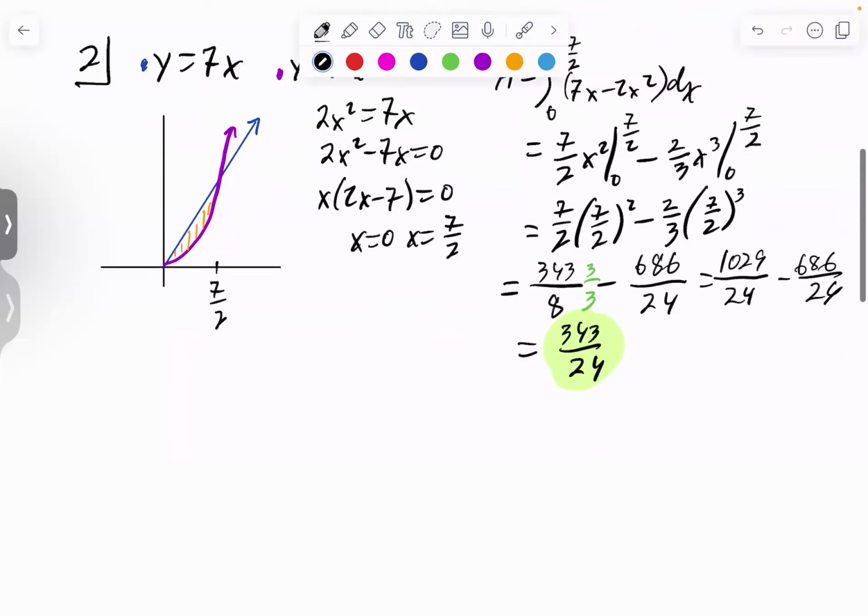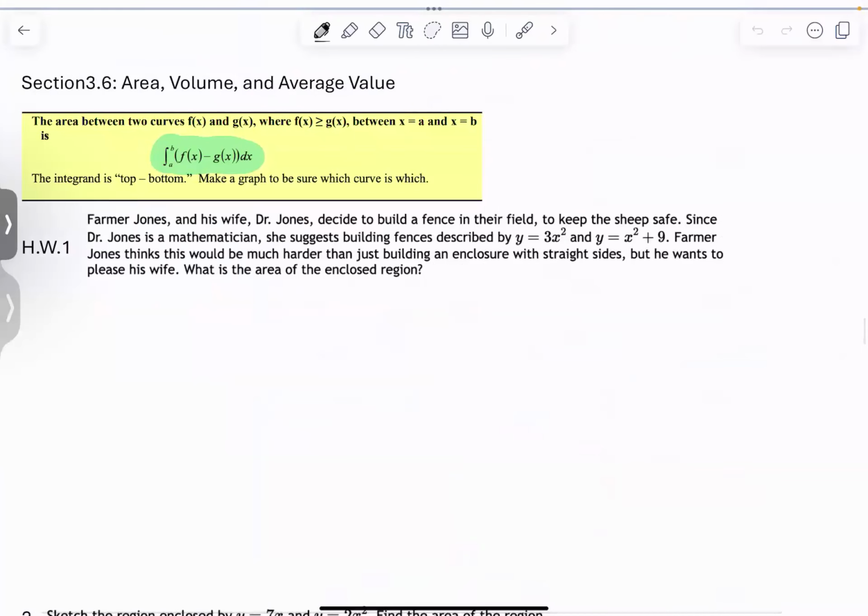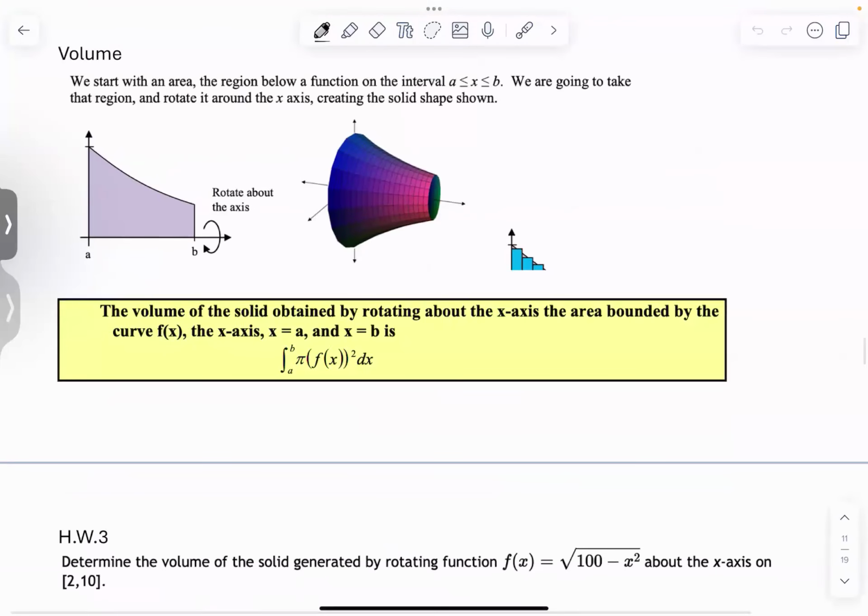For our next part, we're going to get into volumes of rotation. And I want to go back to our part here. So we start with an area, and here's our area of our function f of x from a to b. That's the left graph.